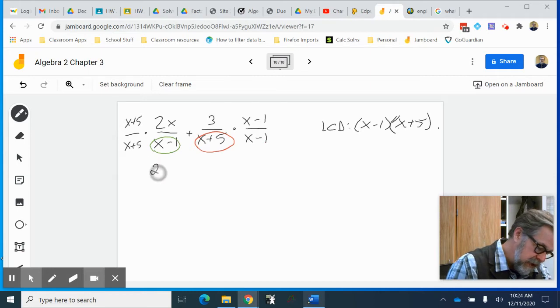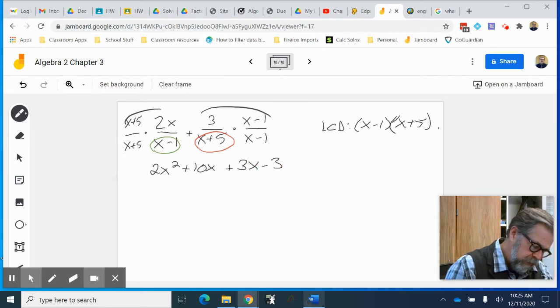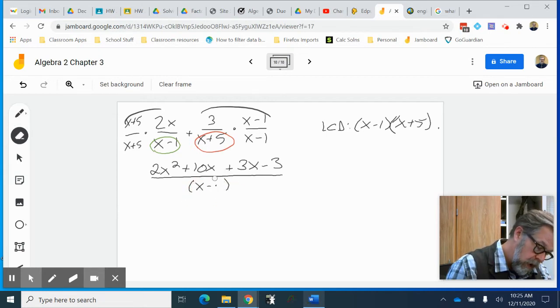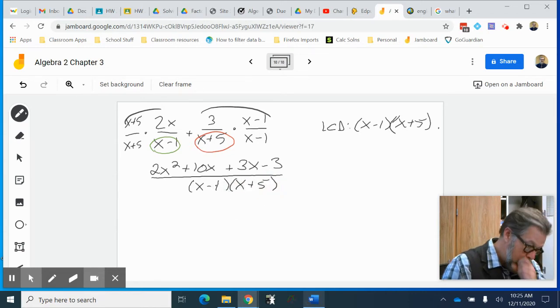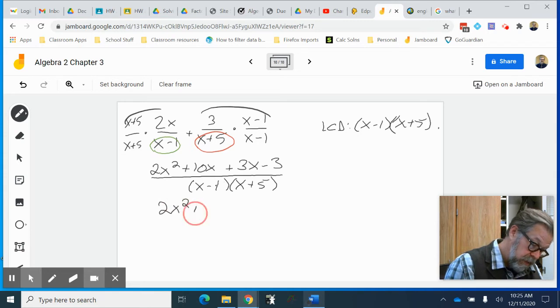And I get 2x squared plus 10x plus, over here, I get 3x minus 3. And I am all over the common denominator, x minus 1, x plus 5. So 2x squared plus 13x minus 3 all over x minus 1, x plus 5.